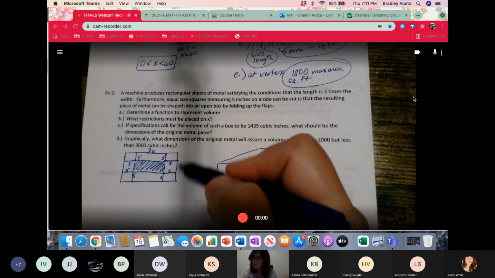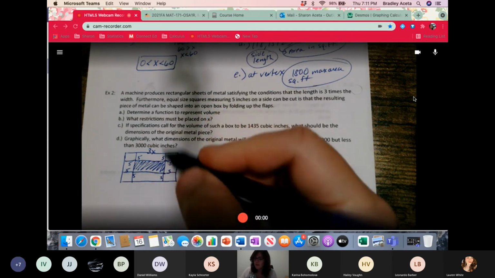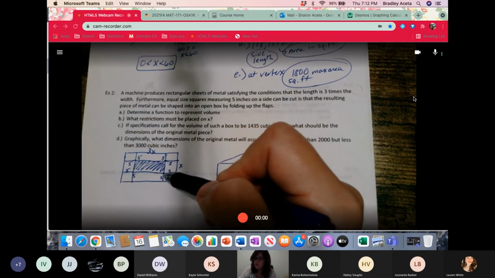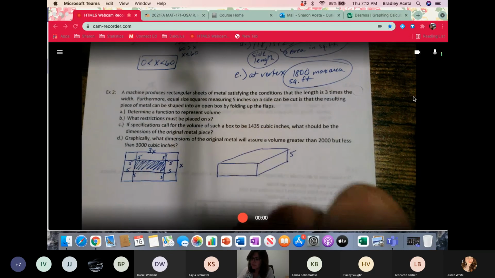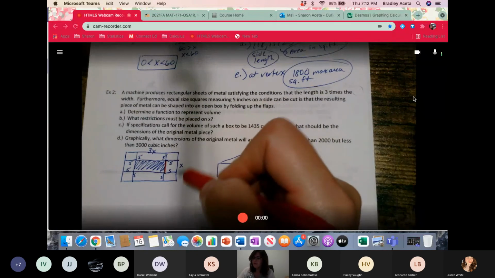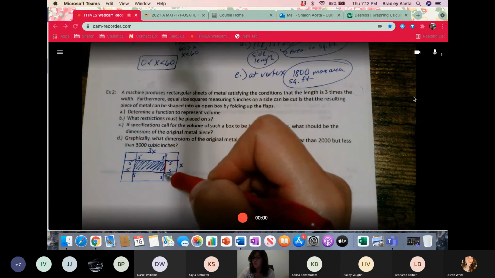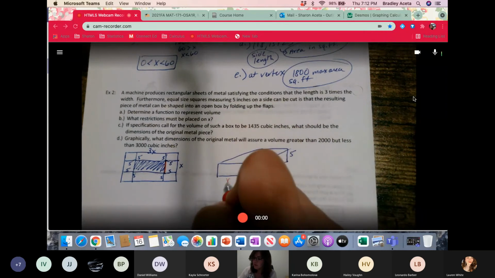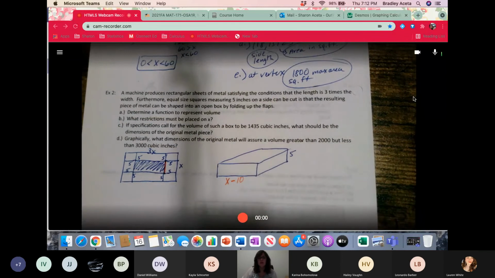Well, if this whole length is X, but then I cut 5 inches and cut 5 inches, what would be that little base right here? This whole length was, let's say, 20, and then I took away 5 and I took away 5. So that's actually how you label it: X minus the 10 inches that you cut.